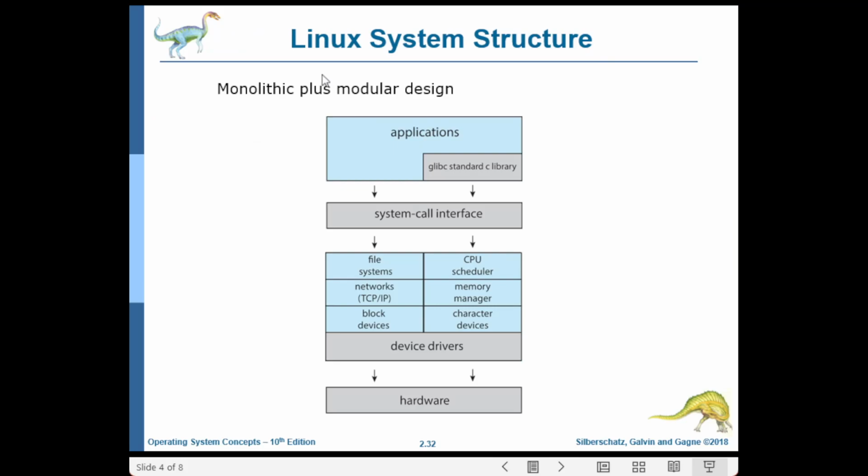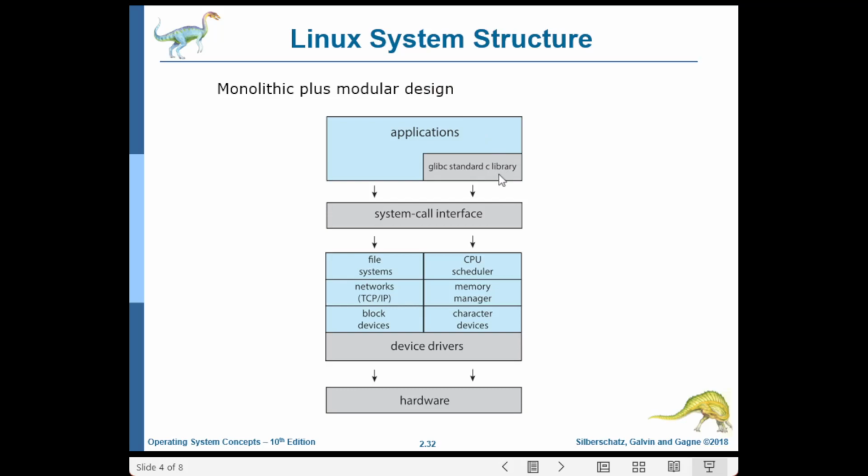Another OS that also adopts monolithic structure is Linux. Linux has a monolithic plus modular design. Modular means it can be modified during runtime. We will discuss modular structure after this video.